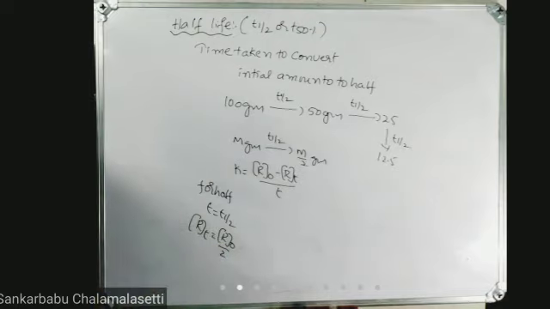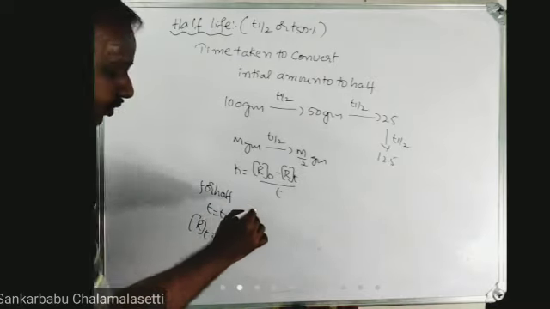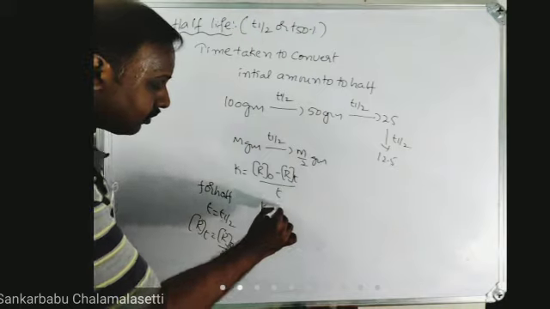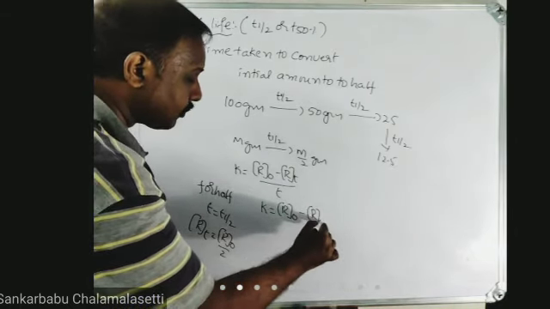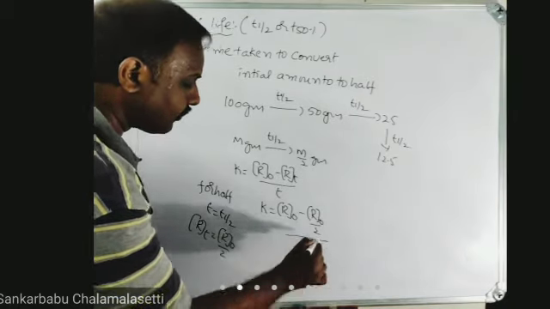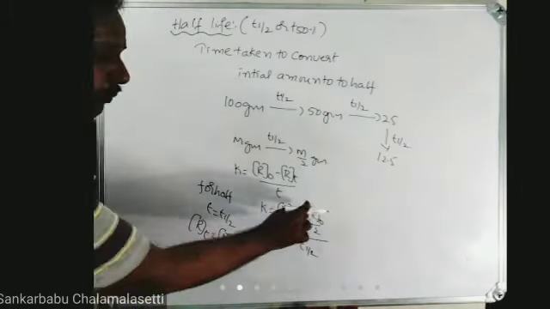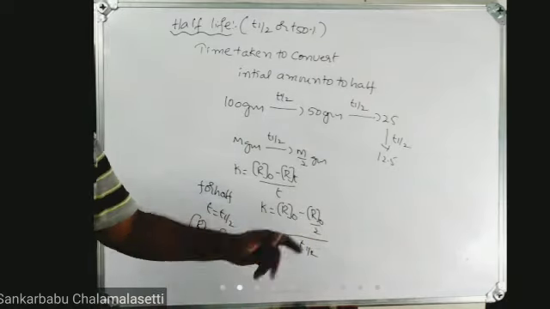Substituting, K is equal to R naught minus R naught by 2, divided by T half, or T 50%. R naught minus R naught by 2 becomes R naught by 2.